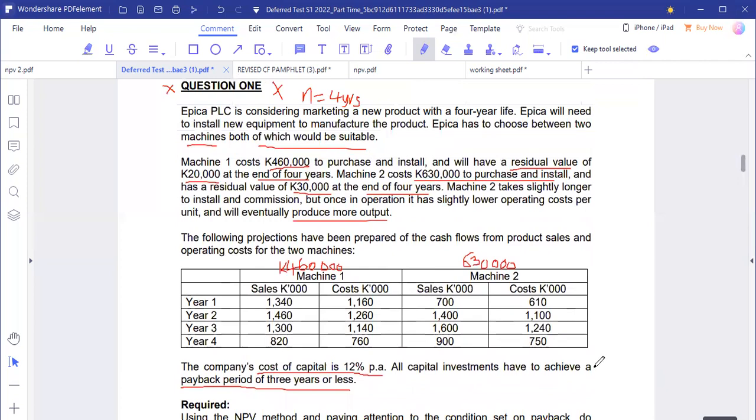All right, so what we need to do here is find the net cash flows, because we have the sales for machine 1 and the costs for machine 1. We are supposed to find the net cash flows for each year, for both machines 1 and 2.